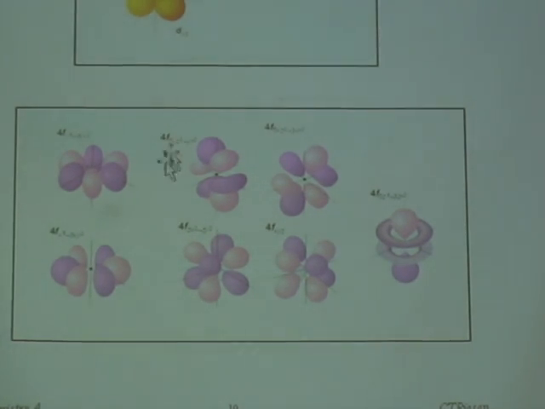And then lastly, here's the f sublevel, and you notice that it can only exist at the 4th energy level and beyond, because you'd need 4s, 4p, 4d, and then 4f. Notice how many options you have geometrically here. 7. 1, 2, 3, 4, 5, 6, 7. And the electrons can exist in one of these 7 orbitals.